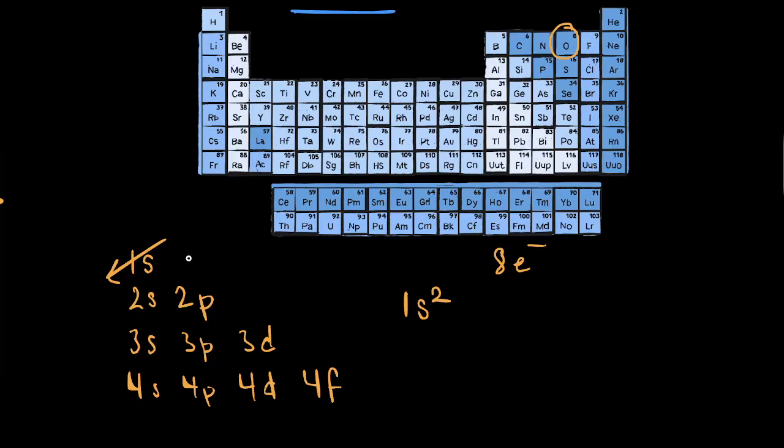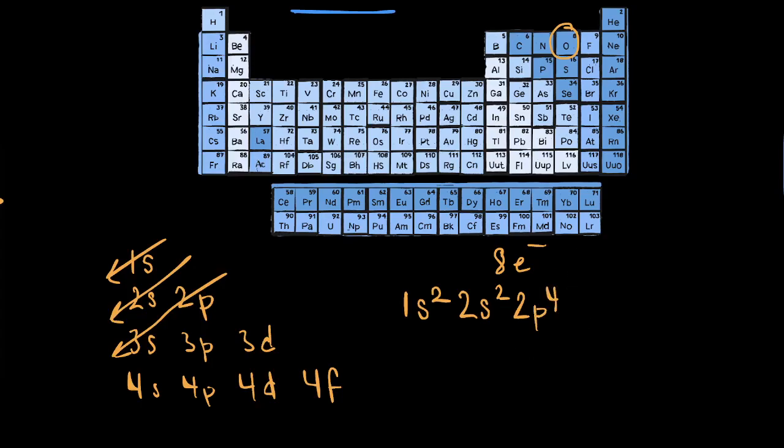We then go down again diagonally to the 2s and fill the 2s2. So there are going to be 2 electrons in the 2s orbital. Next, we would go down diagonally to 2p and then the 3s. So we would start with 2p4 and stop there.